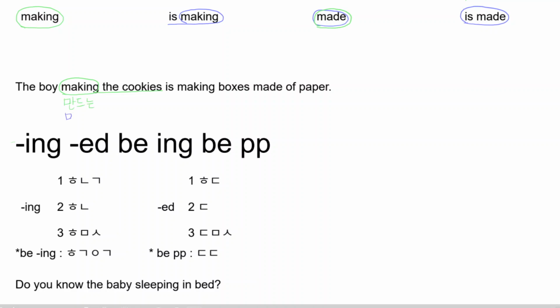So it is not 만든다, right? 만든다 is makes in English. It is not 만들고 있다 either. 만들고 있다 is what in English? The boy, yes, is making.